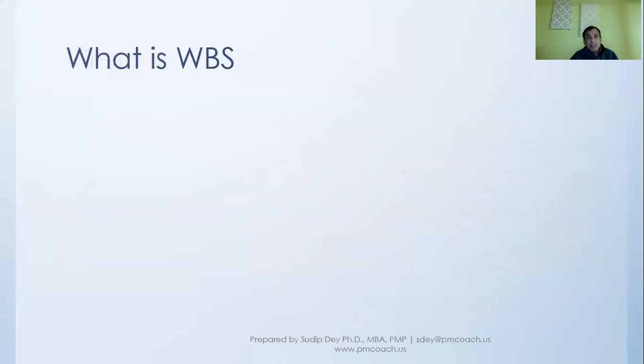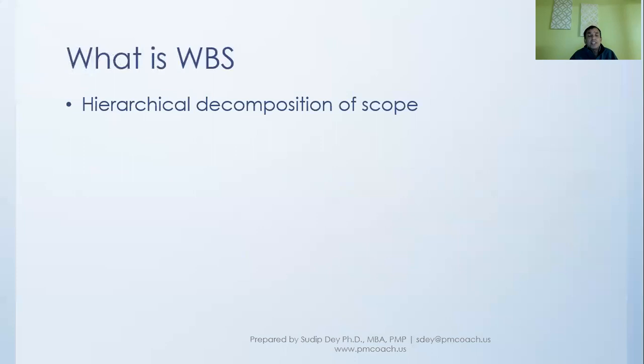Now, what is WBS? We talk about work breakdown structure. WBS is essentially a hierarchical decomposition of scope. We have defined the scope, we have put it together from the requirements, and we have identified the deliverables required within the scope, what we need to achieve in the project.